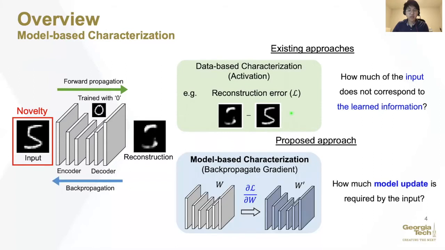On the other hand, in this work, we propose the utilization of backpropagated gradients to characterize novelties from the model's perspective. Intuitively, novelties require more drastic updates on neural networks to fully represent them compared to normal data. Therefore, we use backpropagated gradients to characterize how much of the model update is required by the input to detect novelties.